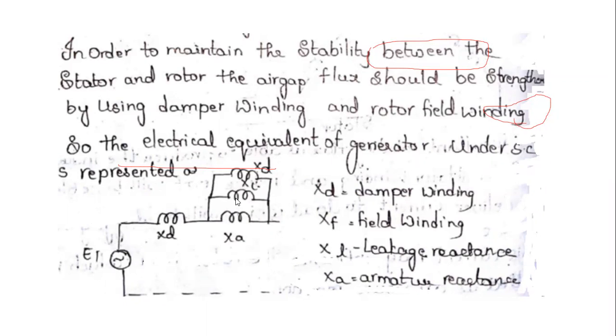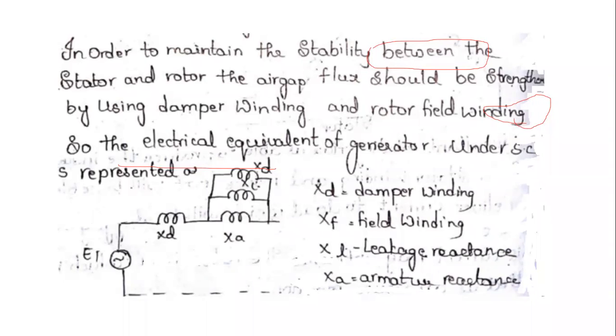We are additionally adding the damper winding and the rotor field windings, which are connected in parallel to the armature reactance. Why? Because by using this damper winding and field winding, we are converting that unstable machine to stable.